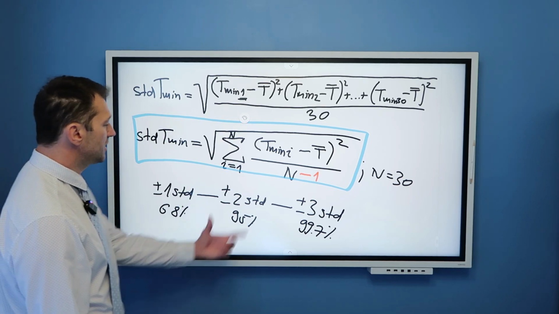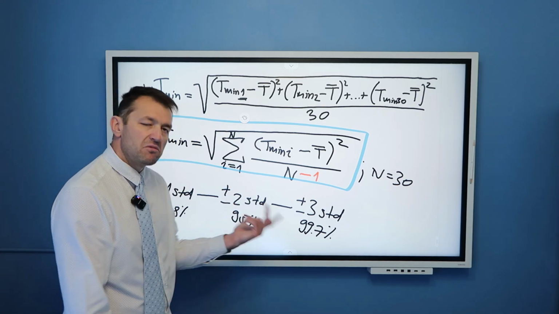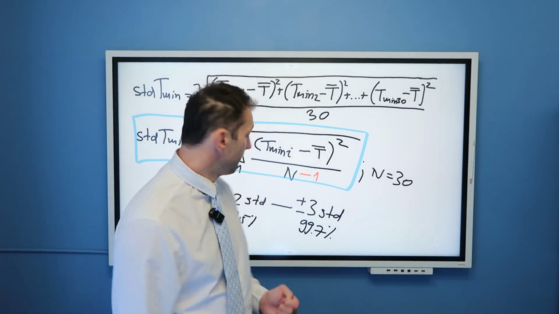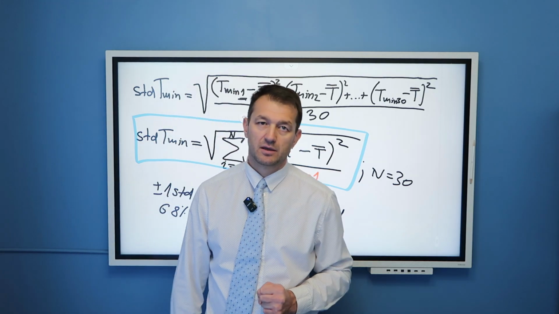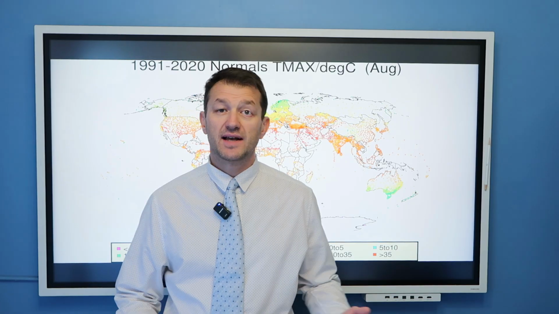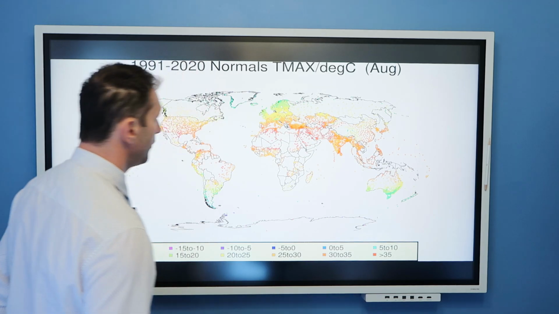So if you give prediction for 2 STDs, you will be correct on average in 95% of the cases.